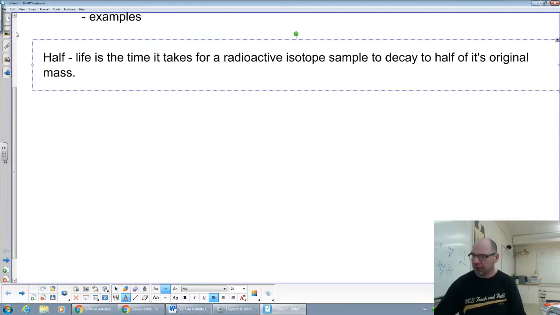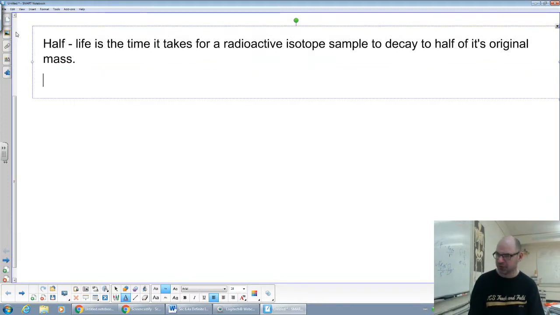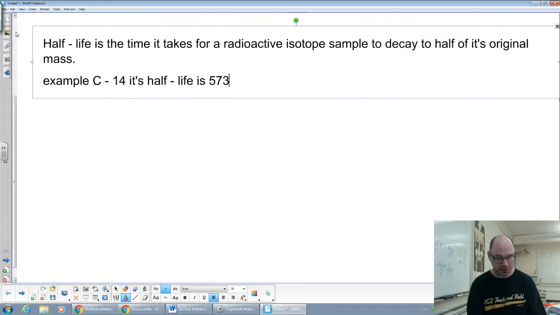So usually half-life is measured in activity. Let's start off with an example. C14, its half-life is 5,730 years, so decaying rather slowly.